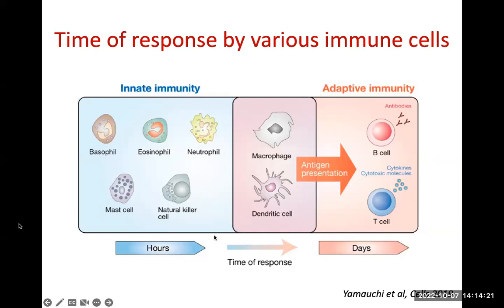So when you think about it in terms of time, these two cell types, macrophages and dendritic cells, are the bridge. Because when the body starts an innate immune response because it has detected an infection, it will want to maximize on that.